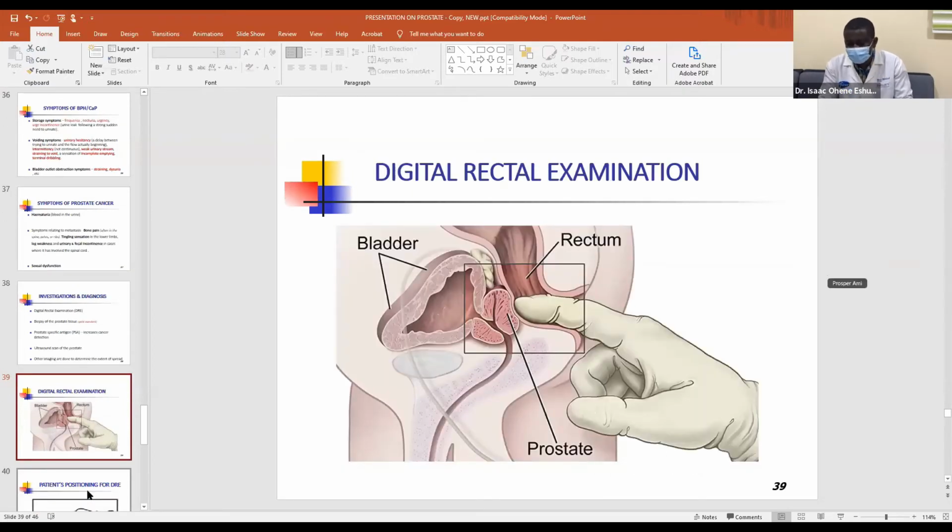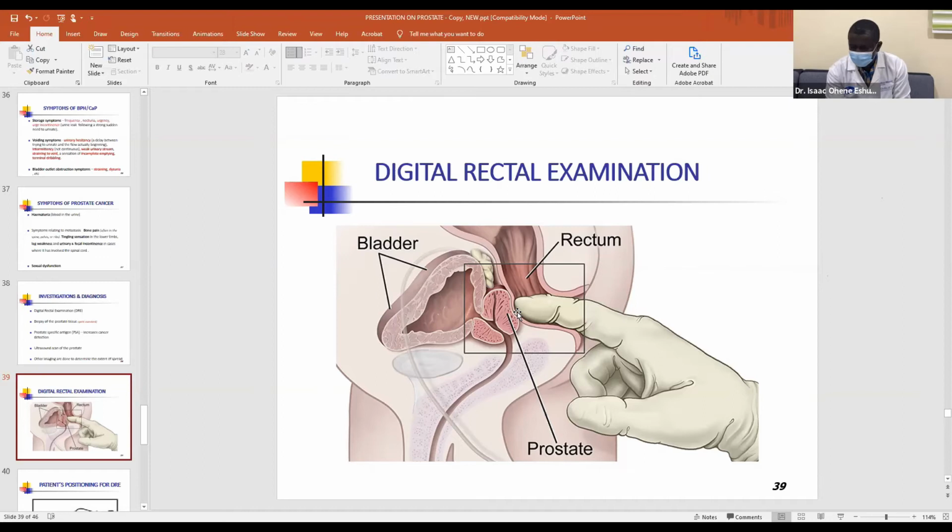Now, this is the digital rectal examination. With a digital rectal examination, there is a way we position the patient. And as you can see, with a gloved hand, we can go through the rectum, that's the anus, and feel the prostate. So this is the prostate. With a gloved hand, you can actually feel the surface.